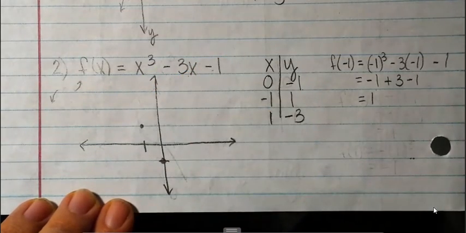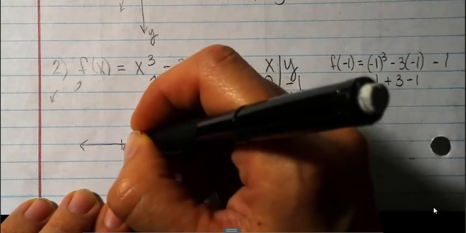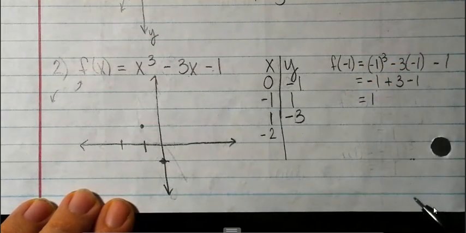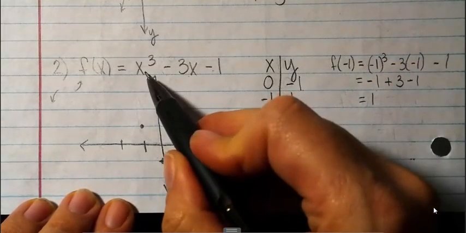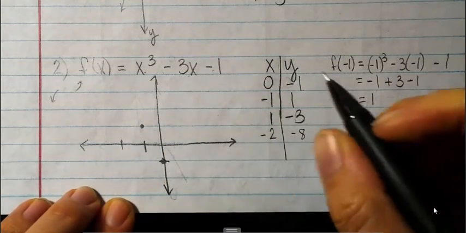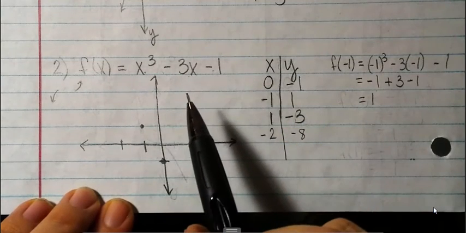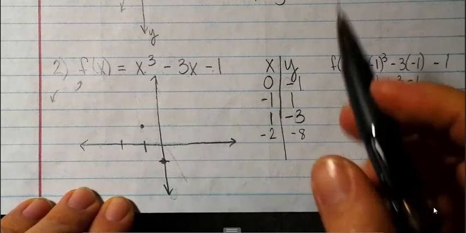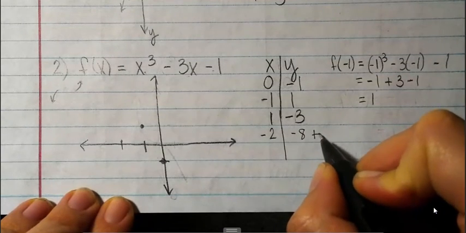Okay, so I might want to plug in, I don't know, let's see what negative 2 does for me. All right, so if I plug negative 2 in here, this is going to give me negative 8. Oh, my dog is getting in her toy basket. Negative 8 plus 6.